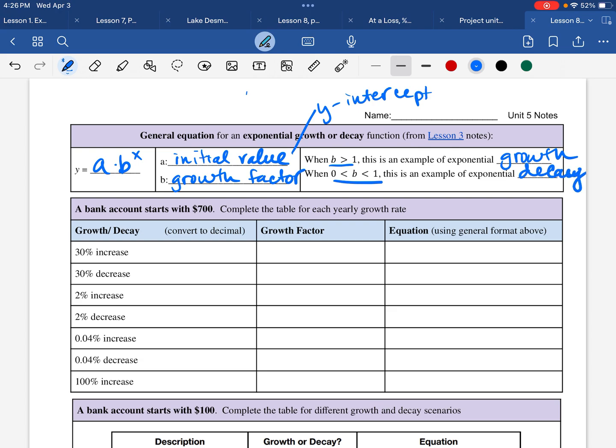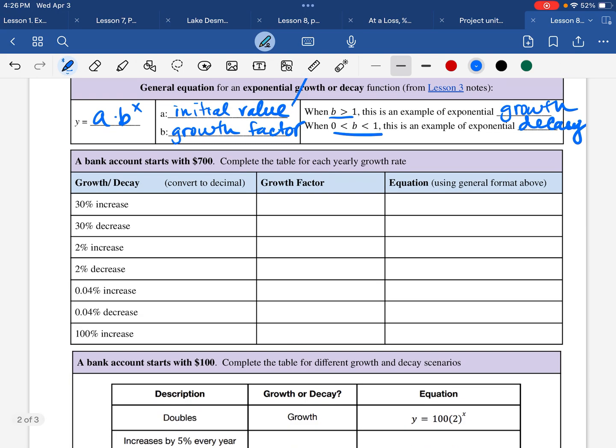So for this table, we're going to start with a bank account that has $700, and we're going to complete the table and make equations for all these different scenarios. So here we have a situation where we have a 30% yearly growth rate, so really high yearly growth.